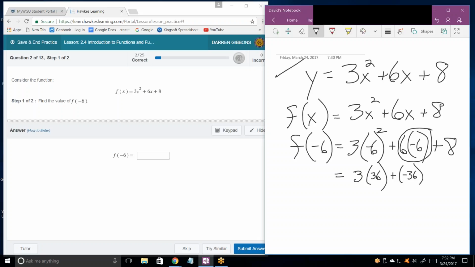But whenever you have that plus and minus and you want to get rid of the parentheses, drop the plus. And I still have the 8. Okay, so this is 108. That's what 3 times 36 is. And then I'm subtracting 36 and adding 8. So what is that? 72 plus 8. That's equal to 80.